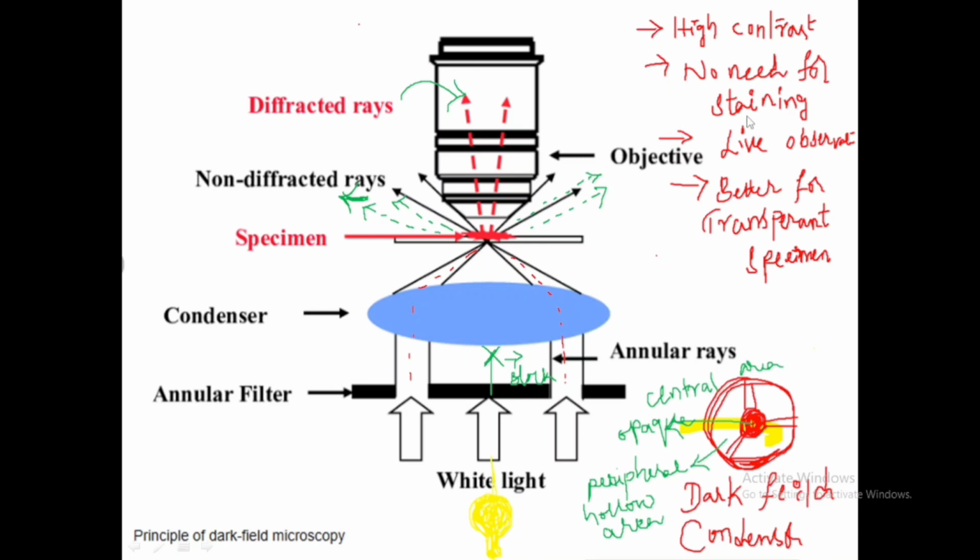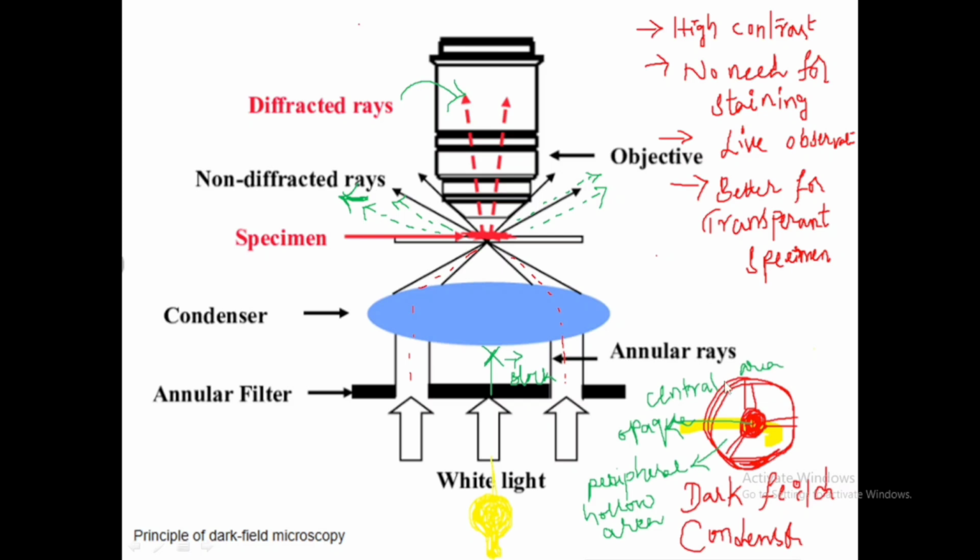Next, there is no need for staining. In the dark field microscope, we do not need to stain because we can achieve high contrast with the help of the condenser. In a light microscope, we have to stain to achieve contrast.